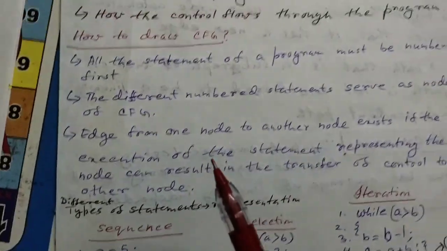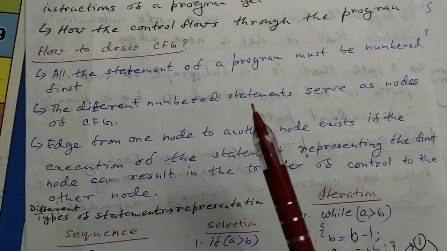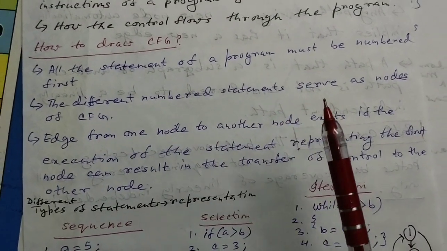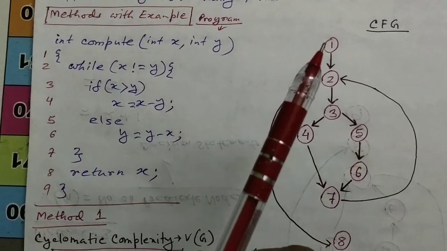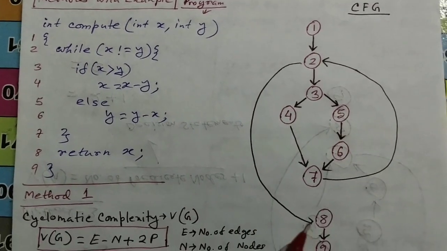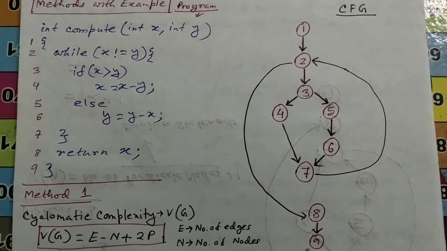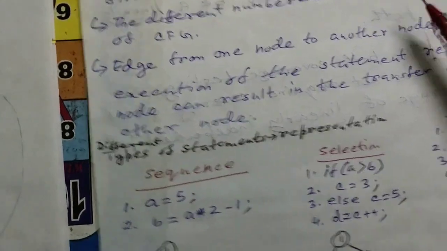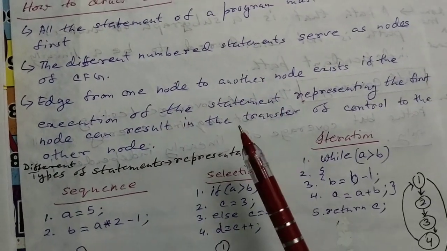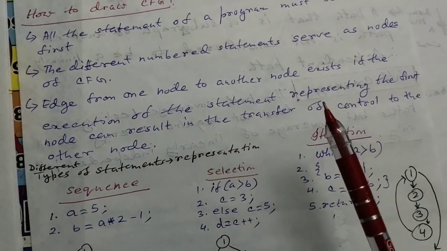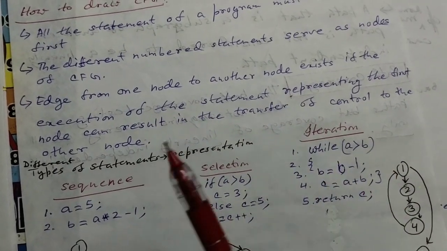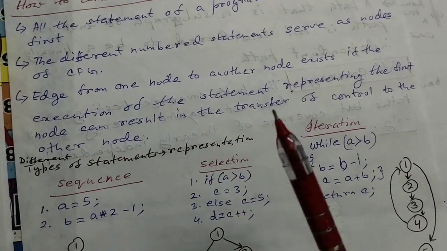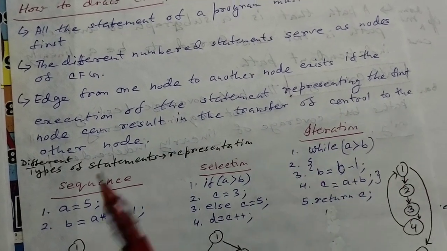Now the different numbered statements serve as nodes of the CFG. See, 1, 2, 3, 4, these are the statements, so these are represented by the nodes. Next, an edge from one node to another exists if the execution of the statement representing the first node can result in the transfer of control to the other node.